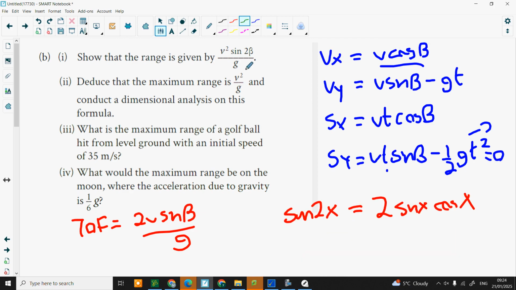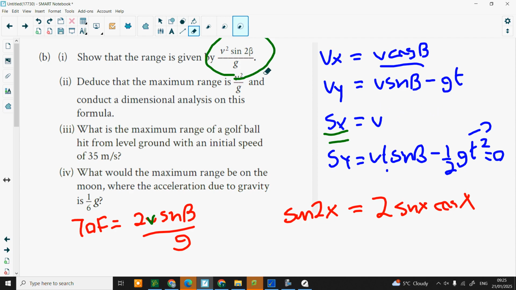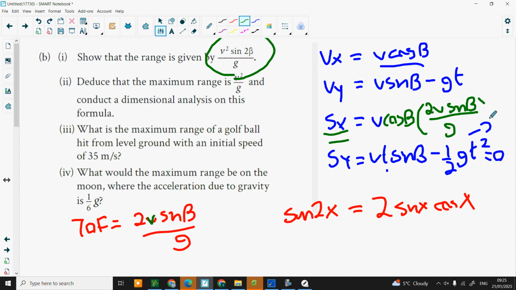Okay. We're looking to prove that the range is this much, but you know how to attempt it, right? As in, you're looking for an sx value at the time of flight. So you get the sx equation, v t cos b, and you just change it to v cos b multiplied by the time of flight, which is 2v sine b over g.